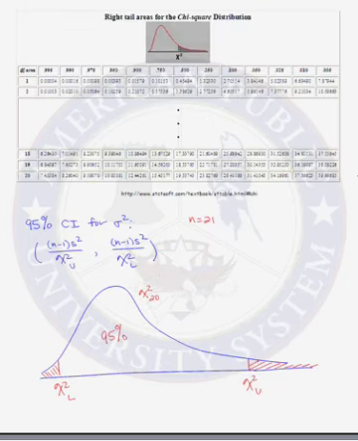Let's actually calculate the critical values for a 95% confidence interval for sigma squared based on a sample of 21. If our sample size is 21, then the sampling distribution that we want is a chi-squared distribution with 20 degrees of freedom. If we are calculating a 95% confidence interval, we want 95% of the area to be between the two critical values.